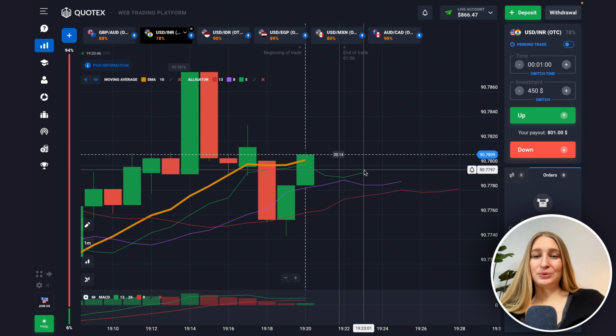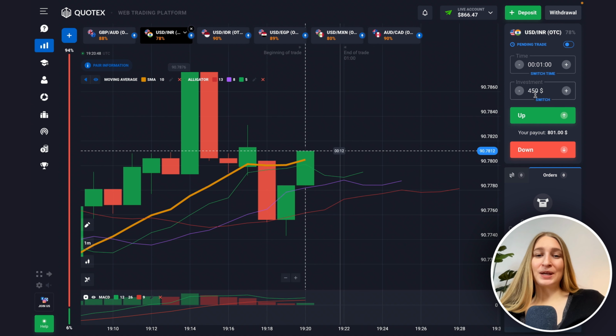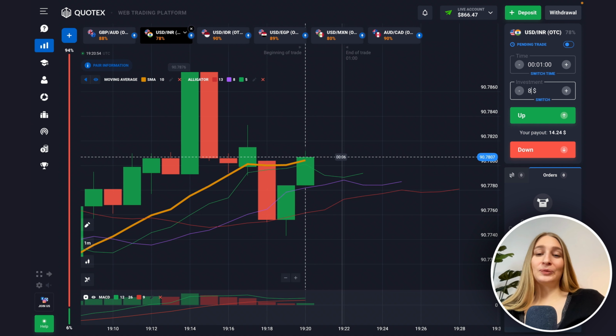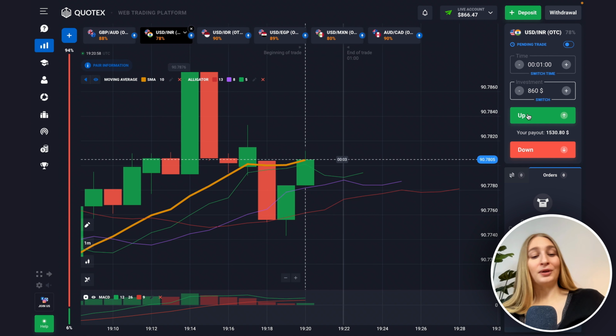So I think I will make a trade right away here, like $860 will be good enough. And let's check the situation with greens.